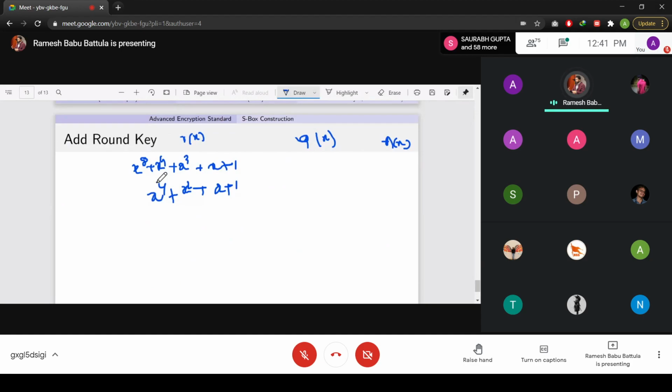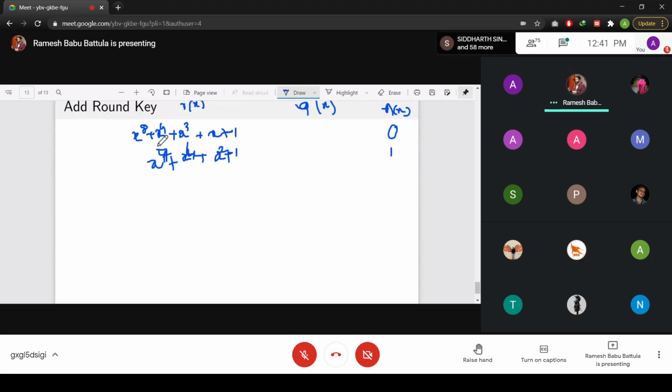For x to the power 7, this is 1; x to the power 4, this is 1; x square plus 1. Now here you need to write 0 and 1. Now you need to perform that operation here.